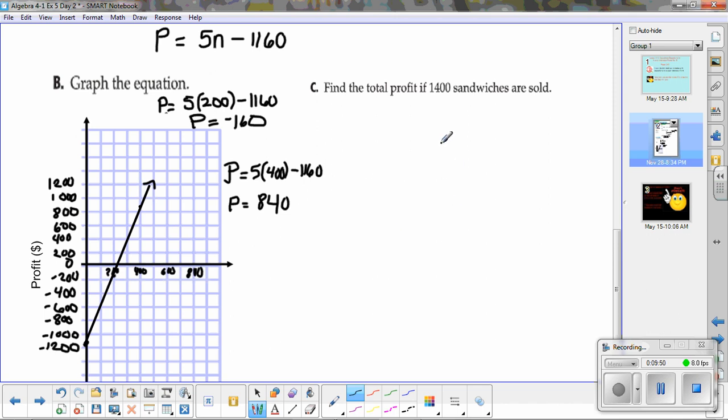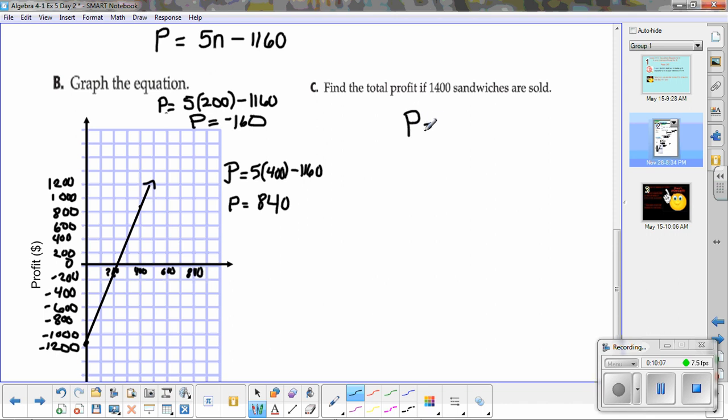Now part C says find the total profit if 1,400 sandwiches are sold. We can't really tell that from our graph because we'd have to go even further out here and it would be way off of our graph. So we're going to plug it into our equation.